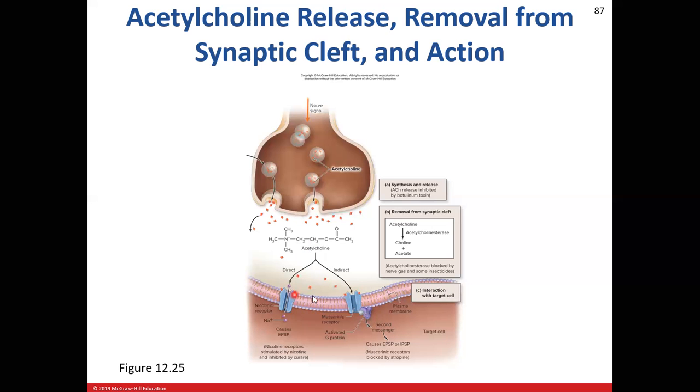In this case, it also allows sodium to potentially flood in, but we also have a process that's occurring that allows for an EPSP or an IPSP, okay? So again, it depends on what type of receptor is found on this particular target cell.